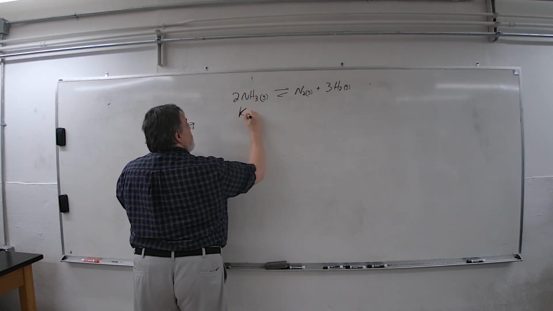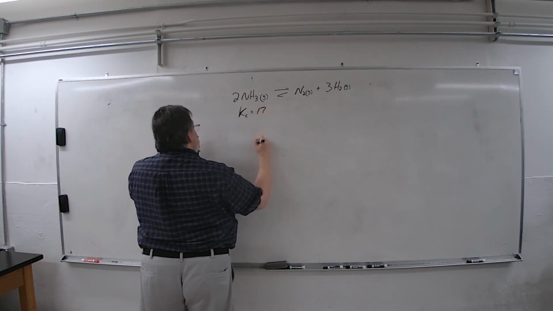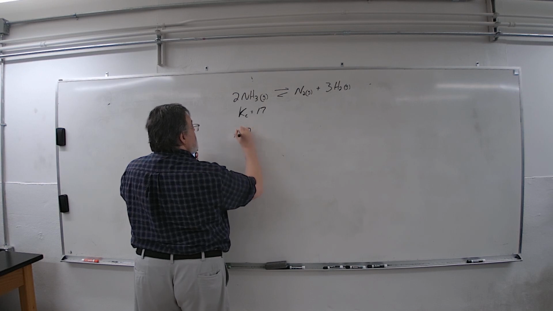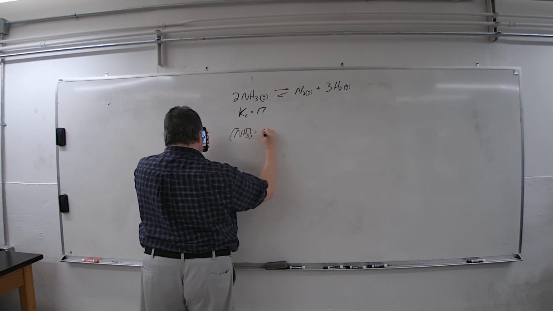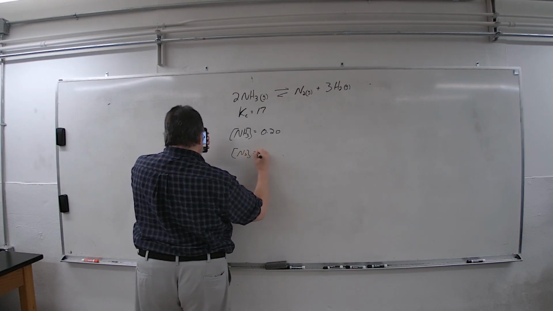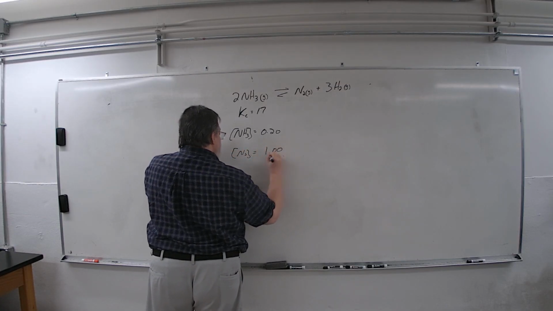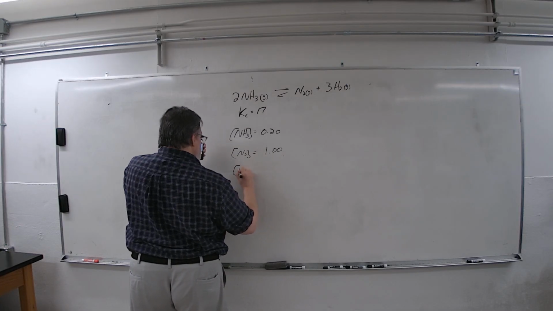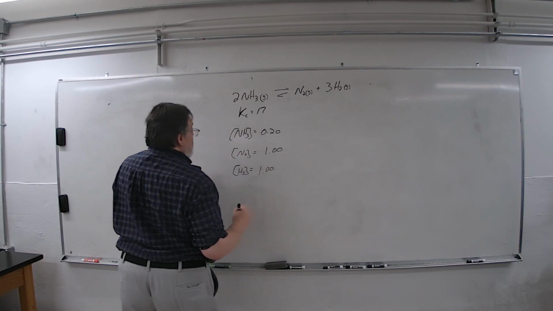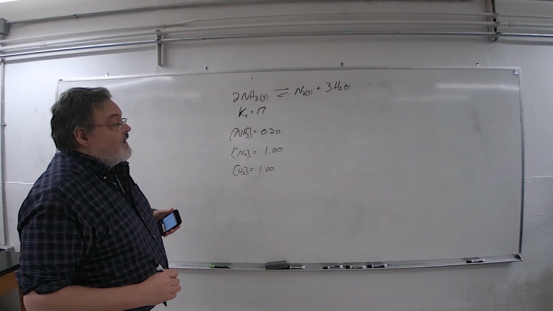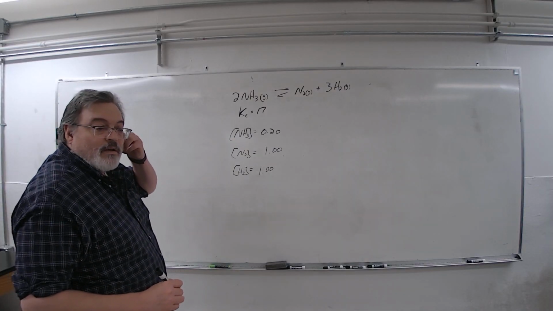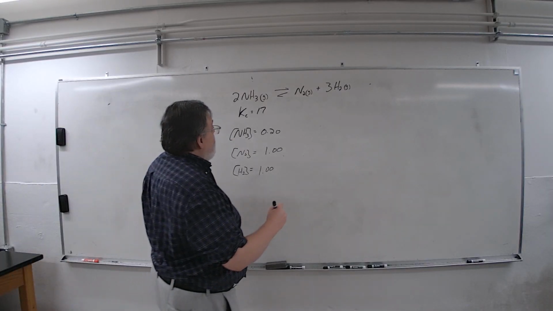You're told Kc equals 17. You're told to calculate the reaction quotient and then state which direction it's going to go to get back to equilibrium.